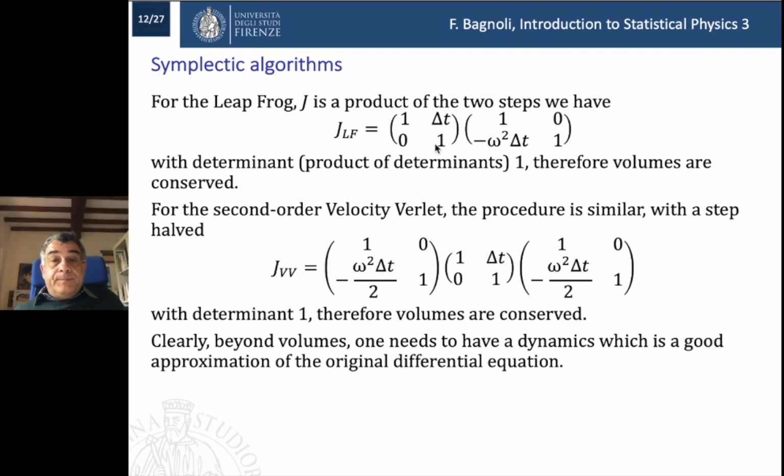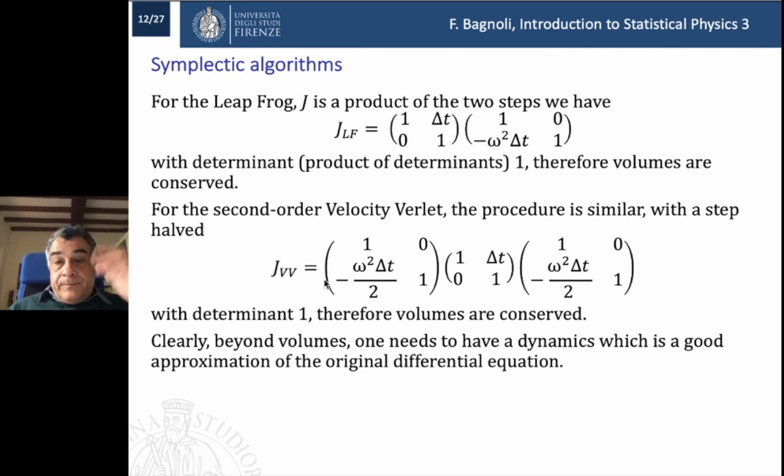But now, the determinant of this product is the product of determinants, and you can see that both have determinant equal to 1, and so the volumes are conserved. And this is the idea of symplectic algorithms: devise a scheme that allows conservation of volumes in phase space. This works only for systems that need to conserve volumes in phase space, conservative systems.